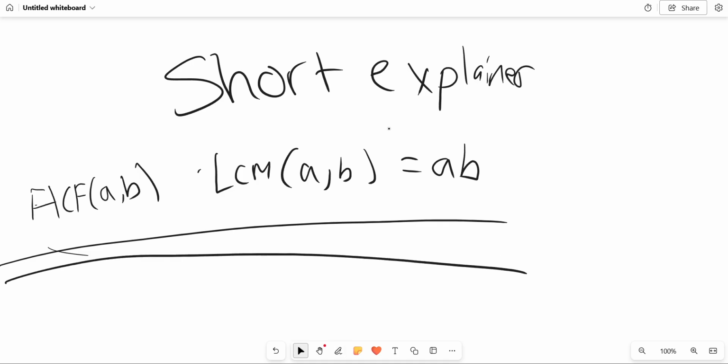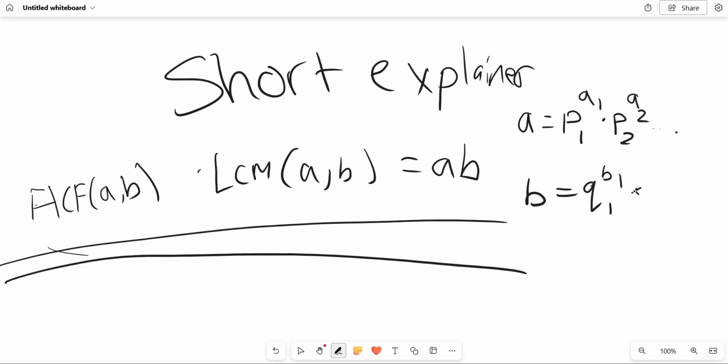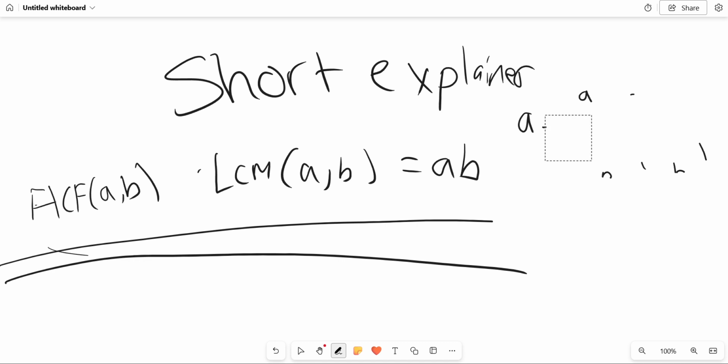If you just play around with numbers and think, every single number can be written as, for example, p1 to the a1 times the second prime to the a2 dot dot dot. Then you can think, okay, we have a second number B where we can do the same. For example, q1 to the b1 times q2 to the b2, and then think, okay, some of these must match, and then use the same logic. You can do a lot.